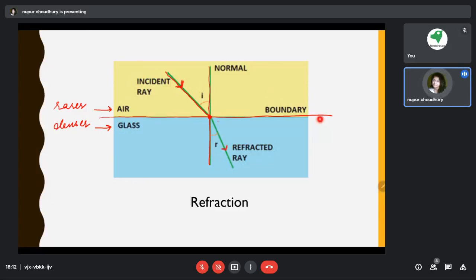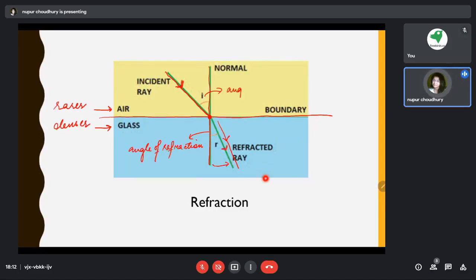This is the refracted ray that I am talking about. This refracted ray is not in the same medium. Refraction always takes place in the other medium. It will move away from the normal with a certain angle, and this angle is known as the angle of refraction.